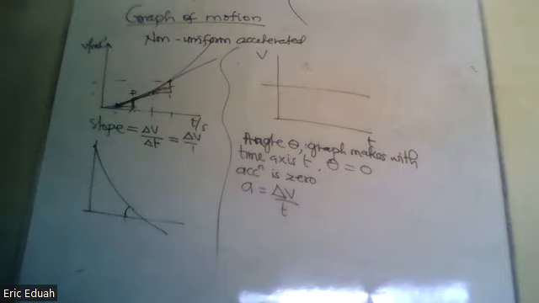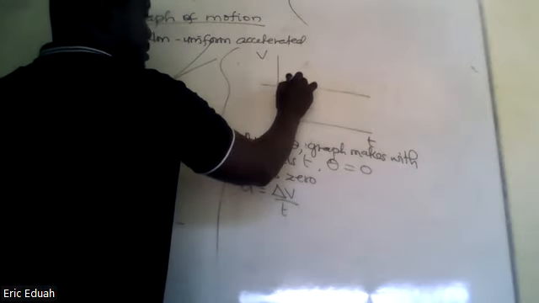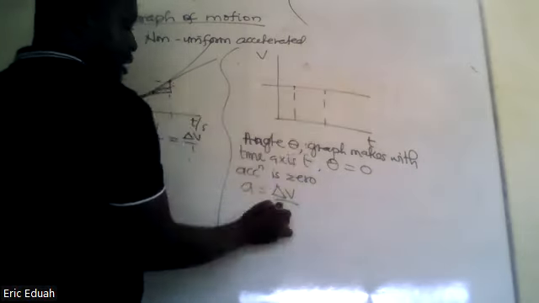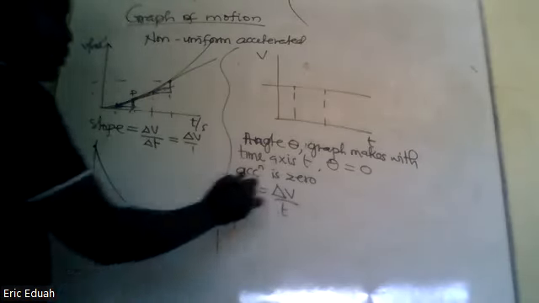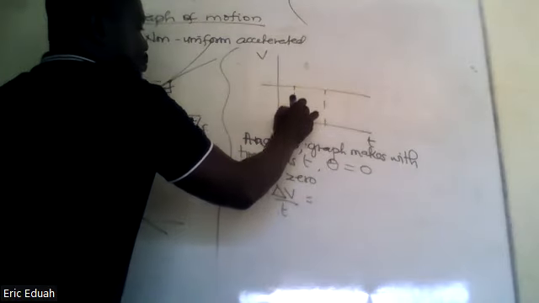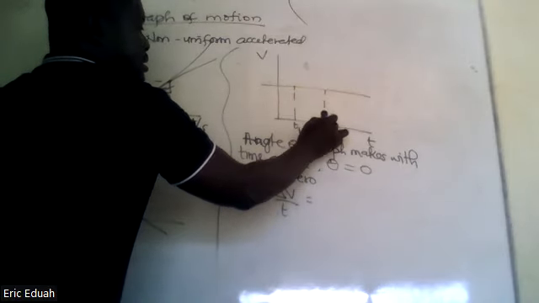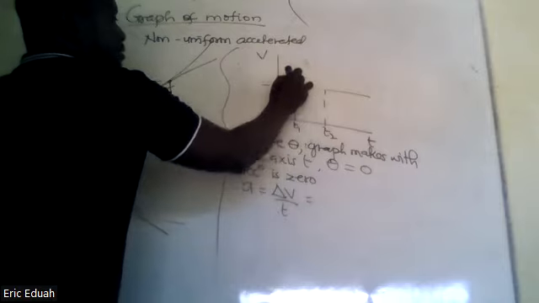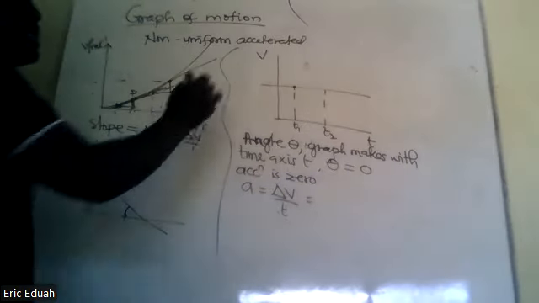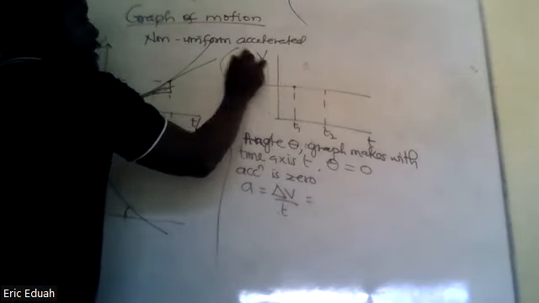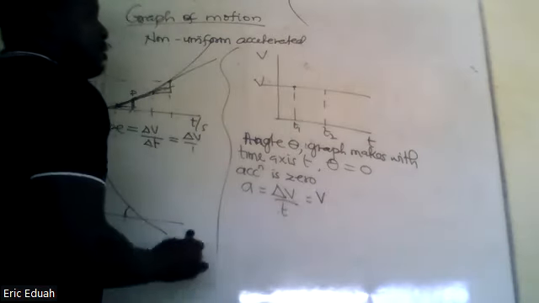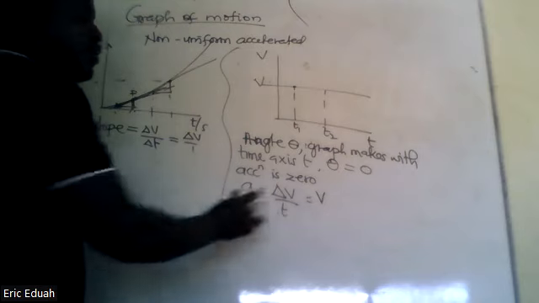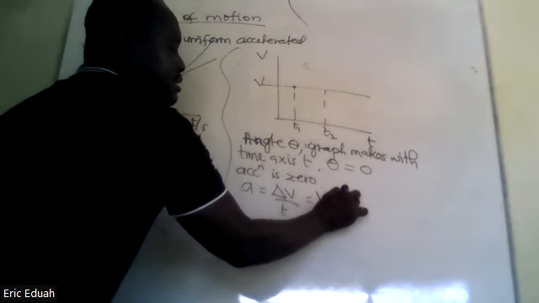Okay. So if you pick any 2 points, don't forget there's a time interval. Look at this point, maybe T1, T2. What is the velocity here? Maybe this is V. And the change is always final minus initial.